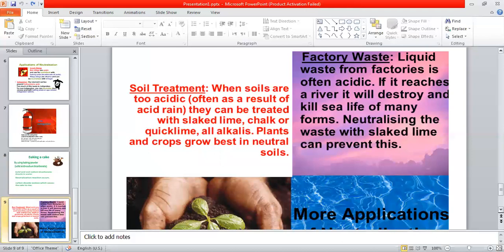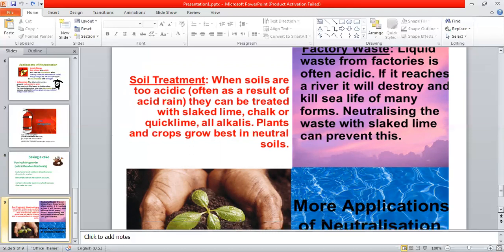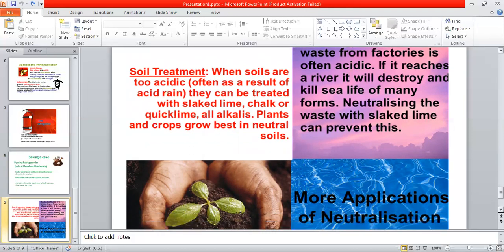There are many other applications in our daily life. For example, when we speak about the soil, of course, we all know that we use the soil in order to plant different crops. Sometimes, due to the rain, as we know that sometimes the rain will be acidic, which is called acid rain. When acid rain falls, the soil will start to be a little acidic.